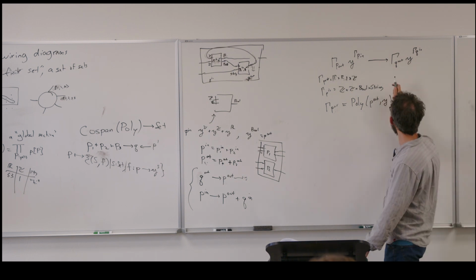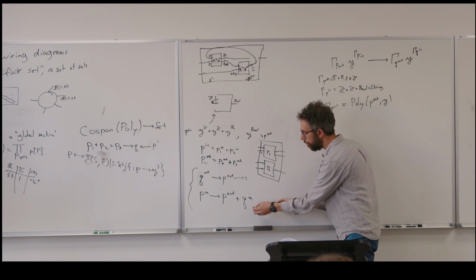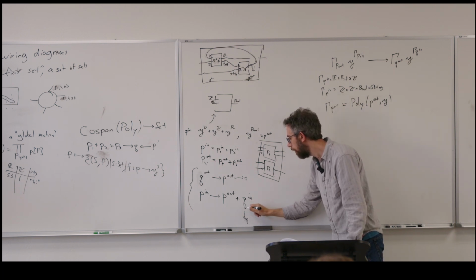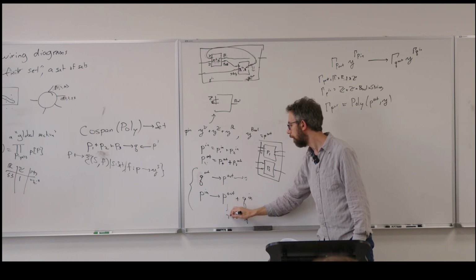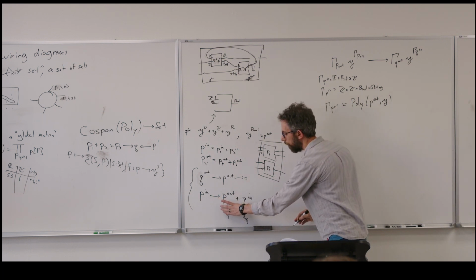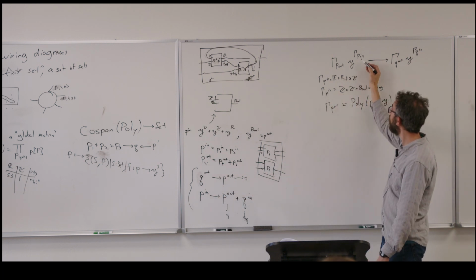And if I further had a little map from Q in to Y, and I already had my map from P out to Y coming from that thing, then I'd get a map from this whole sum, which is a coproduct, to Y. And so I'd get a map from P in to Y, which is what I'd need there.